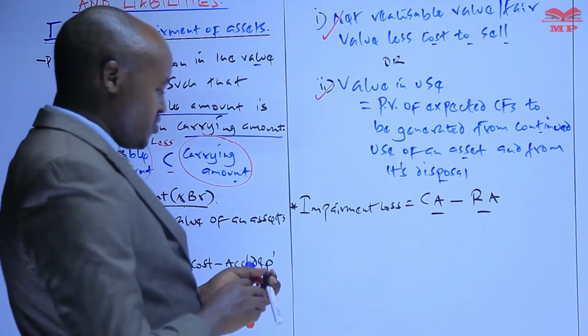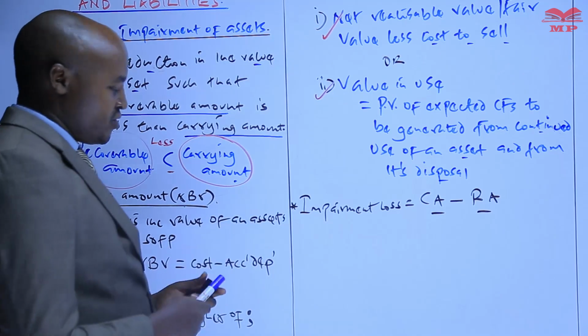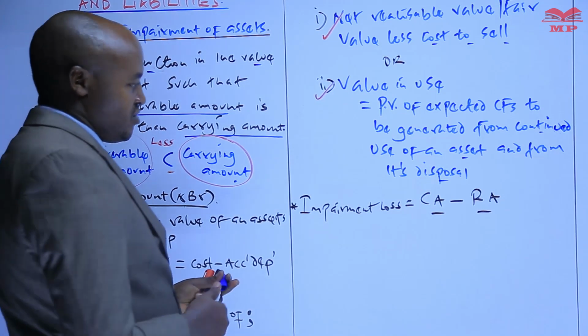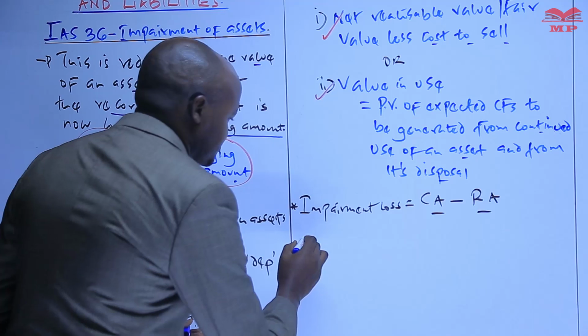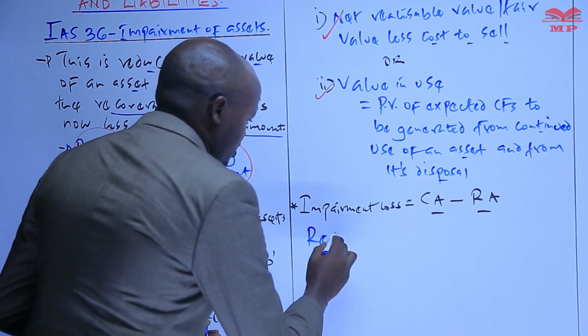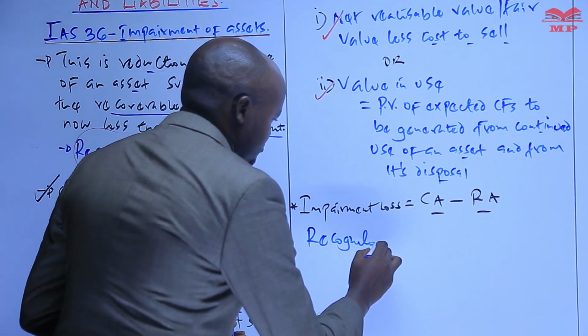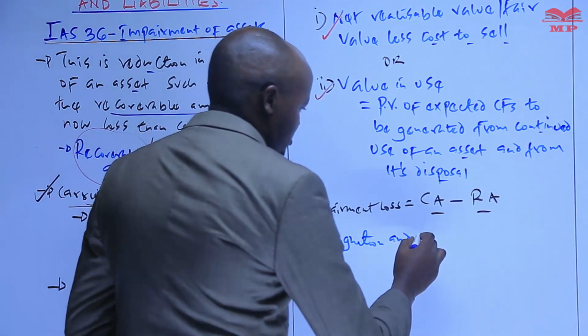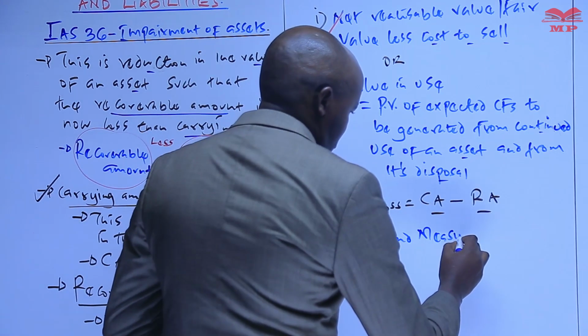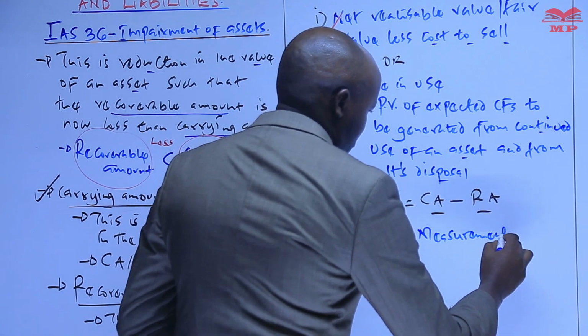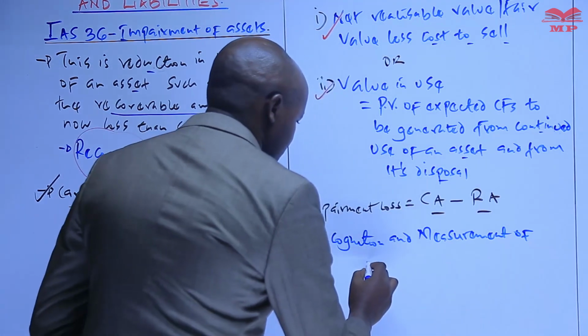So next, let's look at the recognition and measurement of impairment loss.